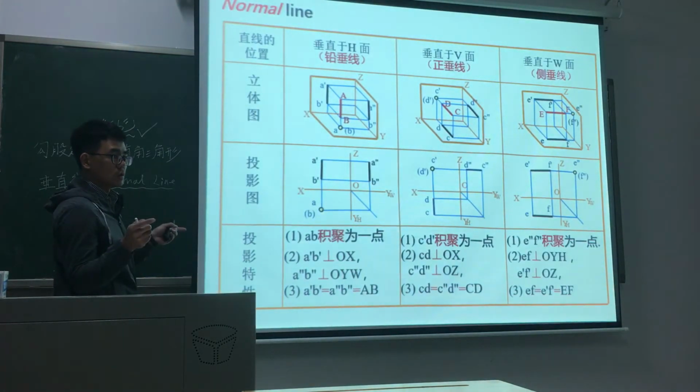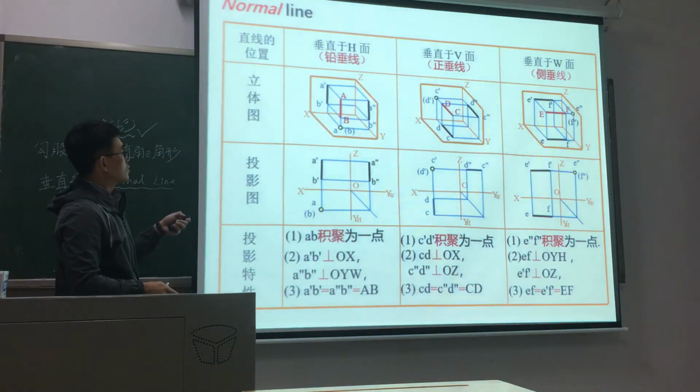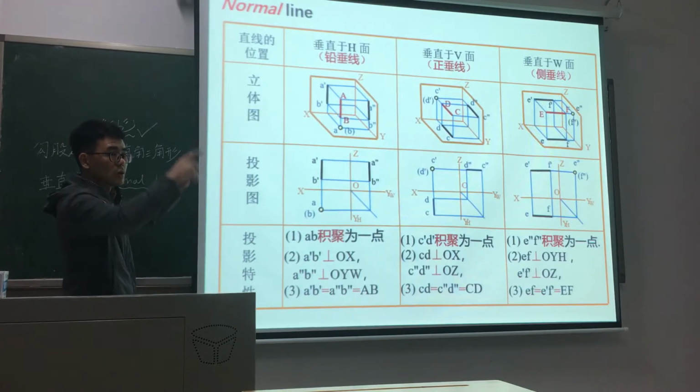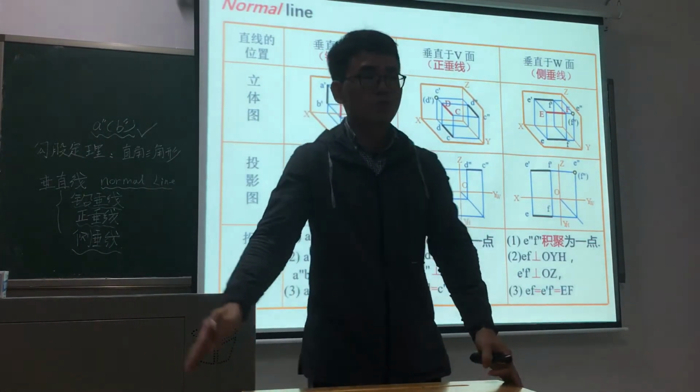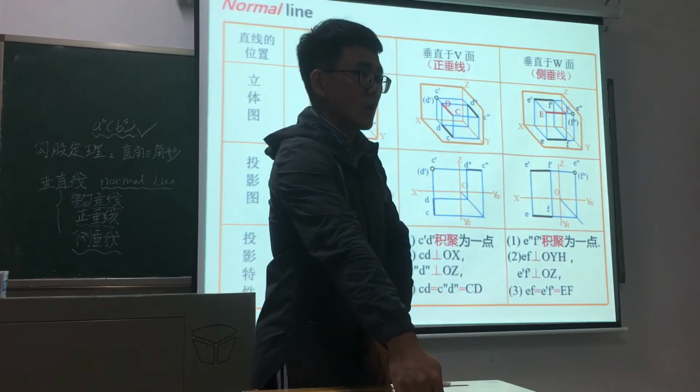True length means the same length as the line in 3D space. You just need to remember this is a parallelogram, right? This is a quadrilateral, so this line should equal this line, and this line should equal this line.